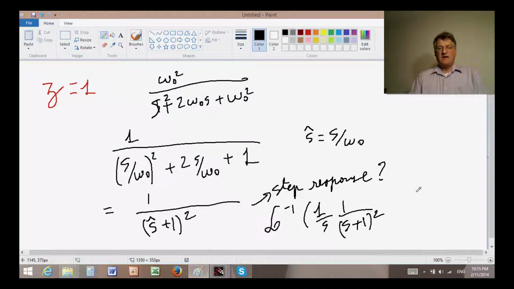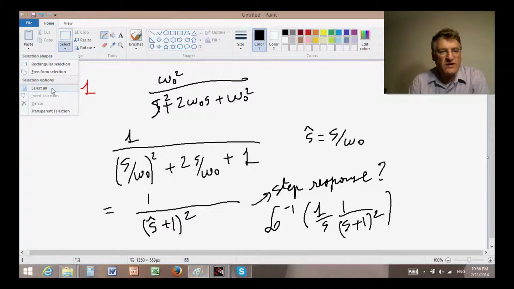Okay. Now, what does this look like? There are several ways we can do that. One of them being to remember what's written in the book, and the other being to sort of go with our own hands. And I usually recommend that you just go with your own hands.